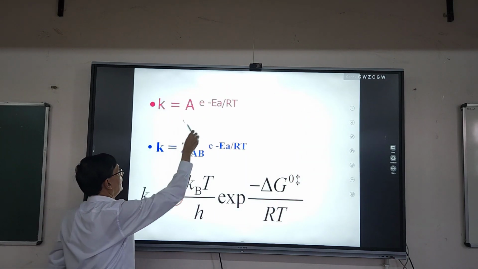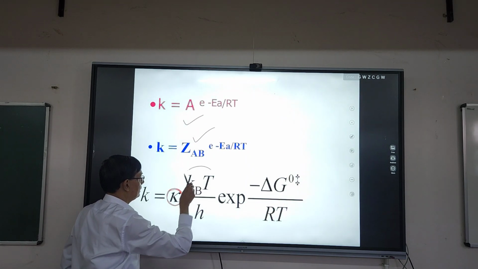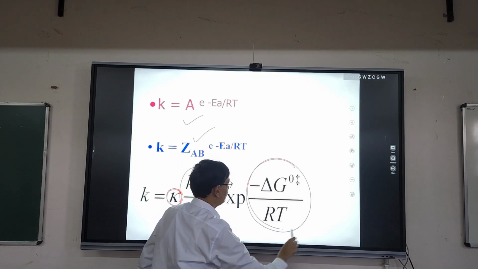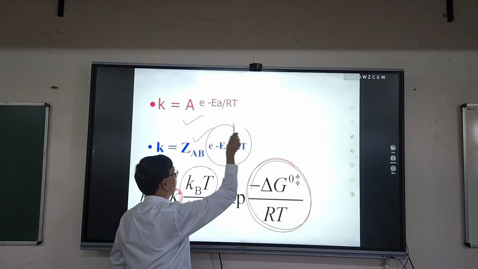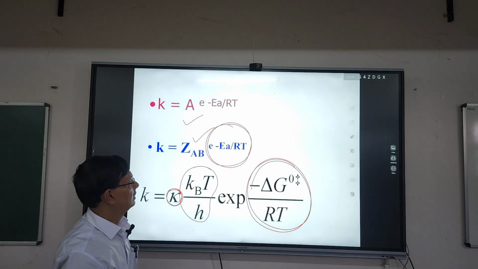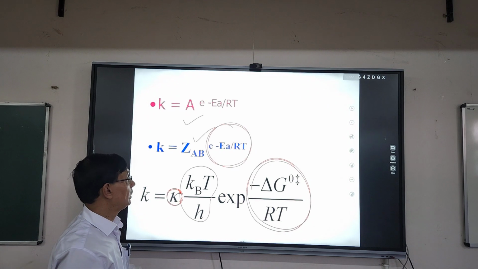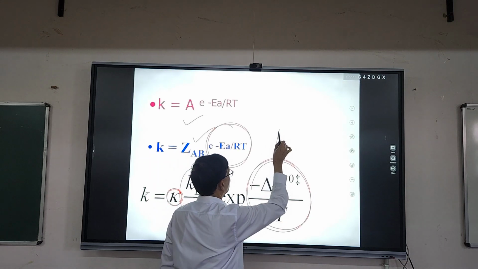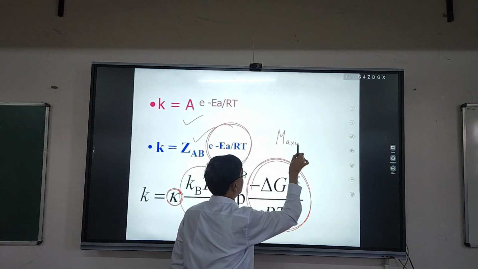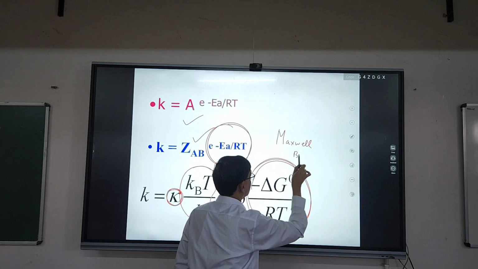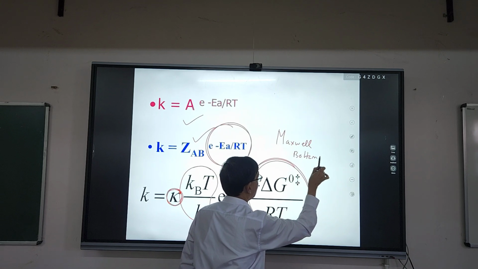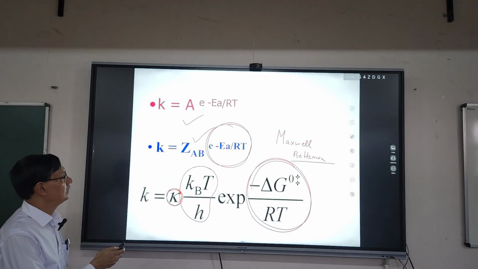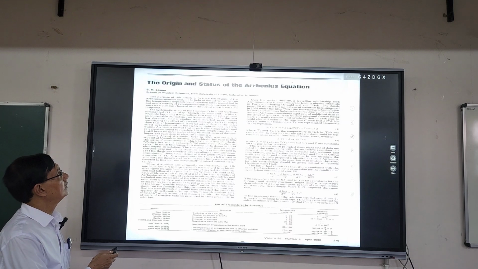Same thing again, and this part is the fraction. That is a very important part. So how do we calculate these things? Yes, we have to take the Maxwell-Boltzmann statistics.